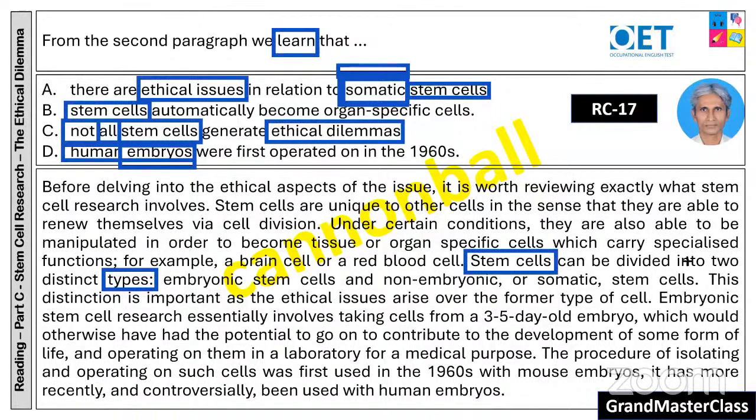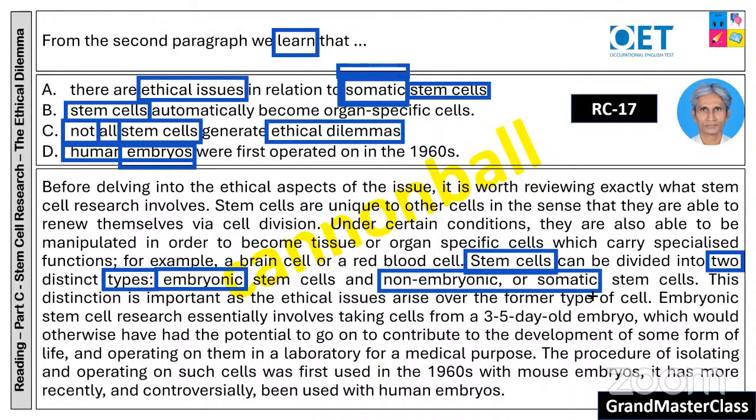So stem cells can be divided into two broad categories, only two, which are very broad. They are termed as, first, embryonic stem cells and, second, non-embryonic, or the other name, somatic. Somatic and non-somatic, or embryonic and non-embryonic, it is one and the same.